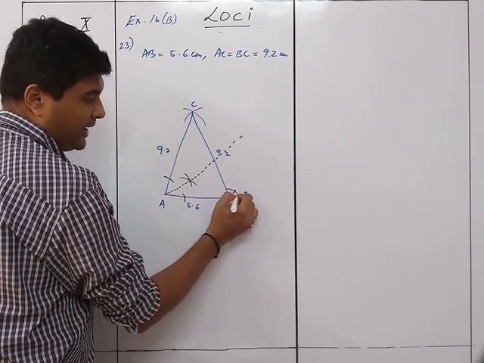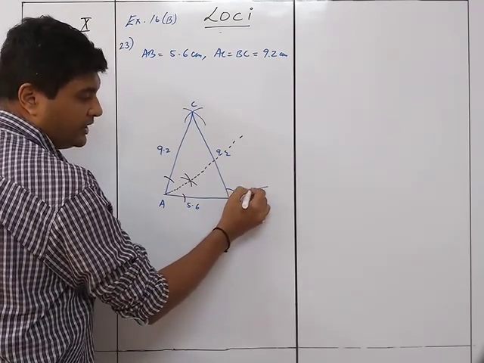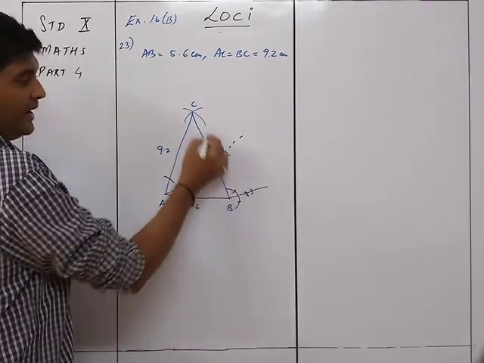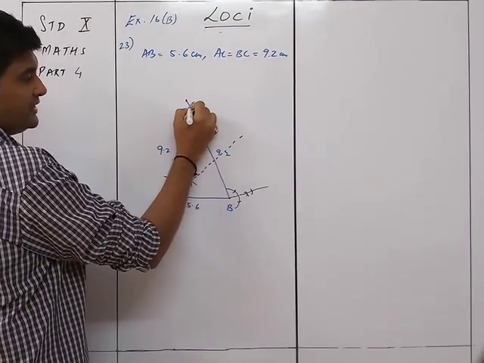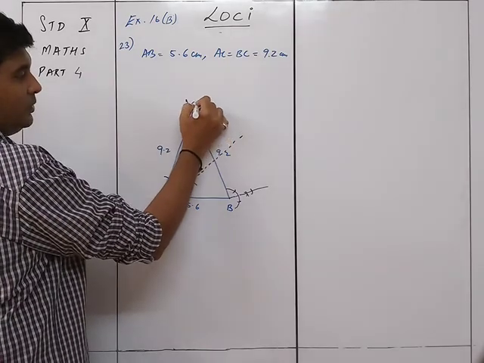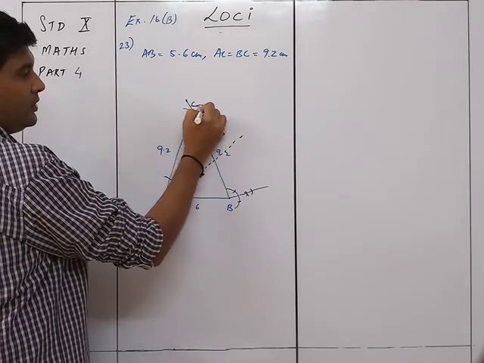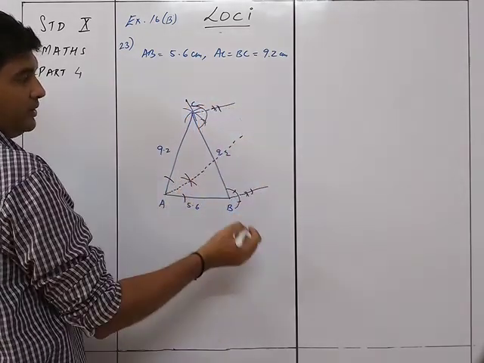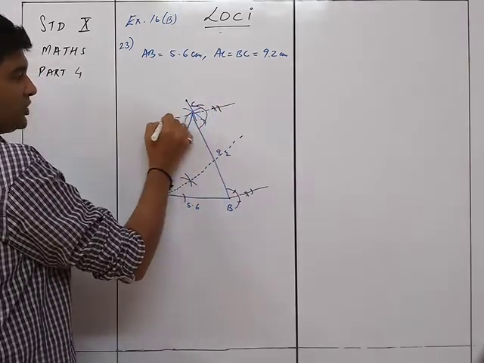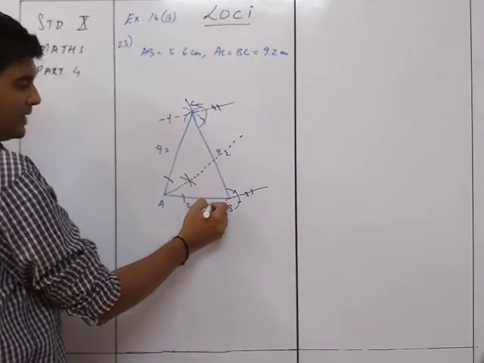So this gives me the line, and then I am going to mark 2 centimeters over here. Same way I am going to do here also. I just extend this and then 60, 120, 90, draw this line and mark 2 centimeters over here. And then I extend this also, mark 2 centimeters, extend this also, mark 2 centimeters.